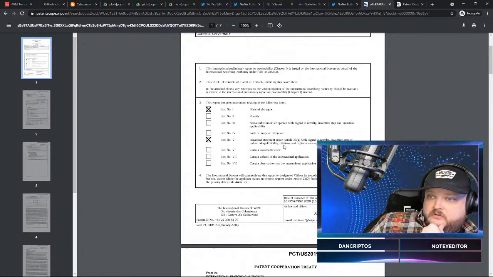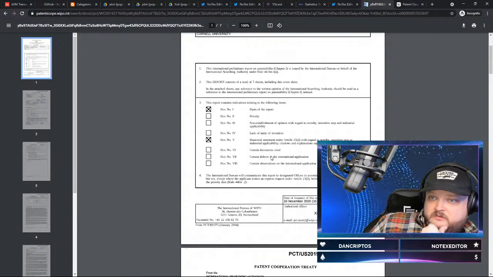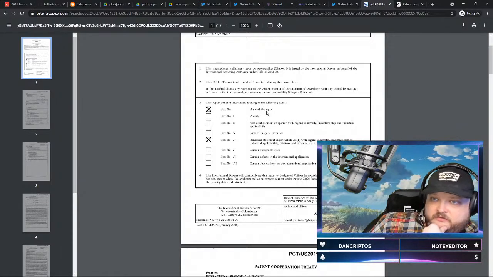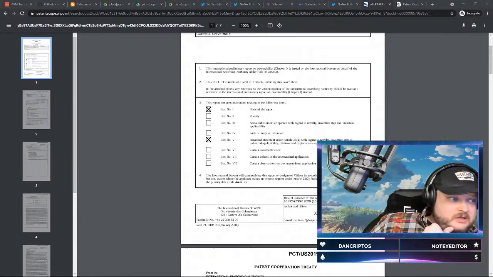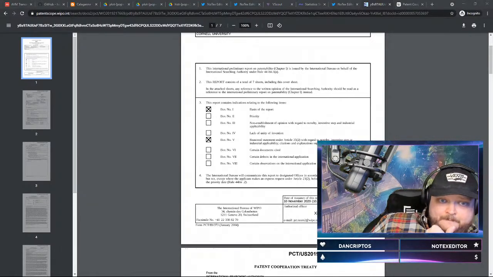Citations and explanations supporting such statements. So, the basis of the report and the novel, whether or not the actual patent is novel is coming under question. It looks like somebody's just arguing that.